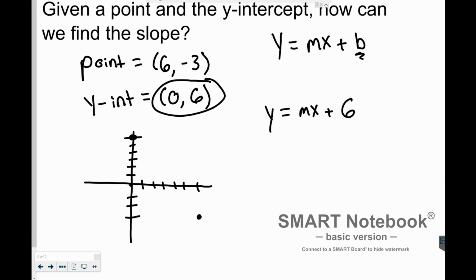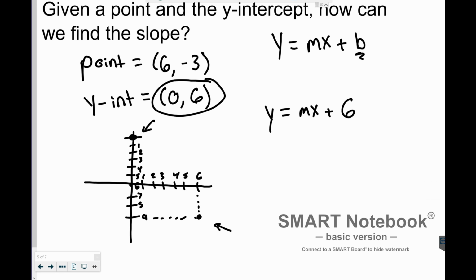How do we get from this point up here to this point down here? So let's just count. It's rise over run. So let's see how far we go down on the y-axis. We go down 1, 2, 3, 4, 5, 6, 7, 8, 9. So we're down 9 this way. And we go over 1, 2, 3, 4, 5, 6.